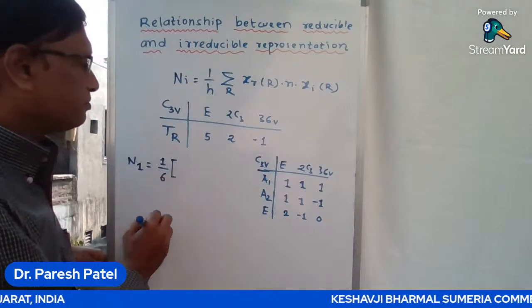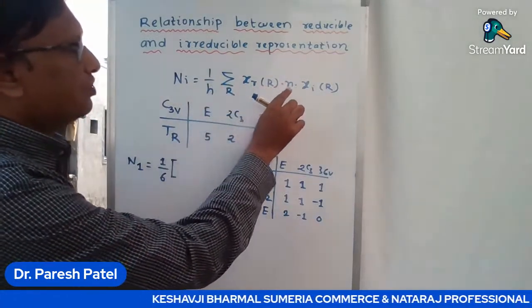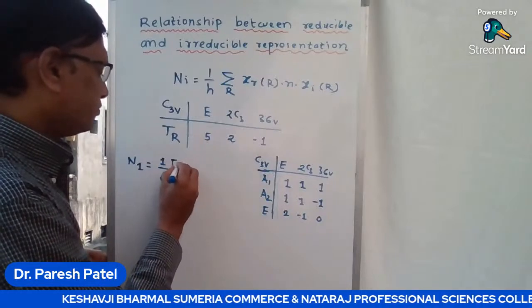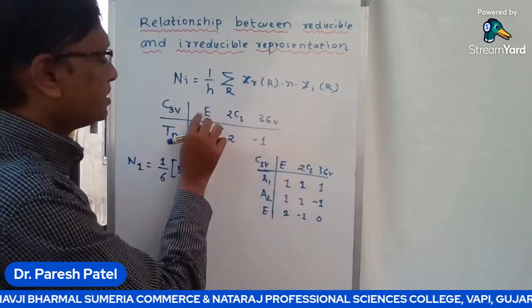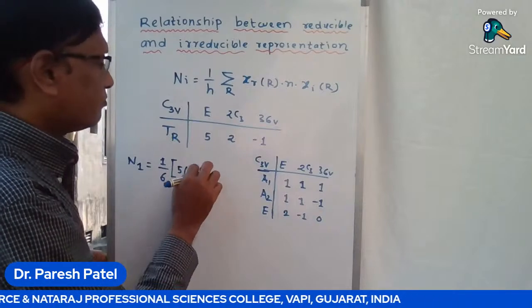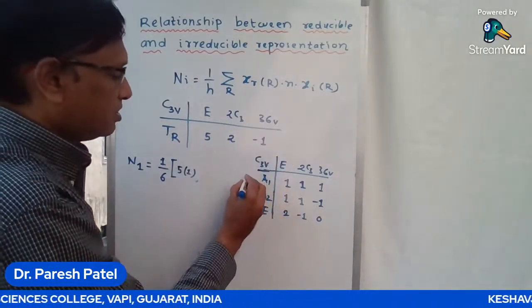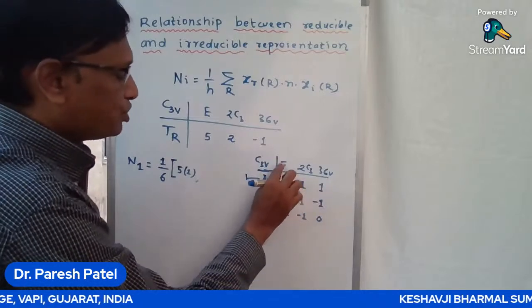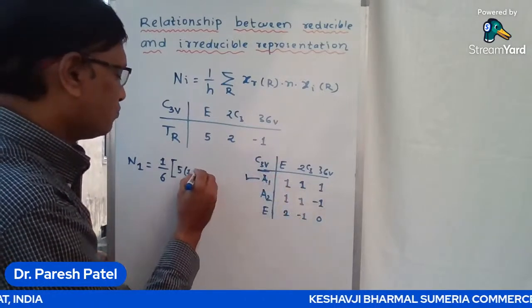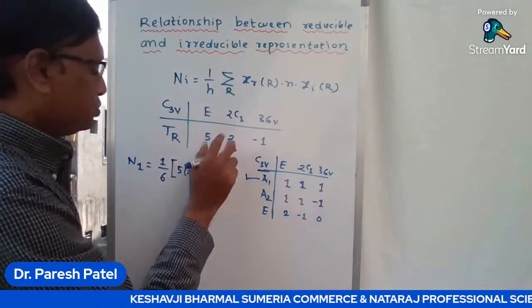Then we have to go for the summation of the character of the reducible representation. It means 5, then the number of that symmetry operation is 1, and again the character for the irreducible representation, which is 1 for the identity, plus 2.